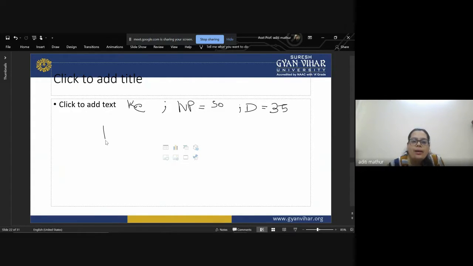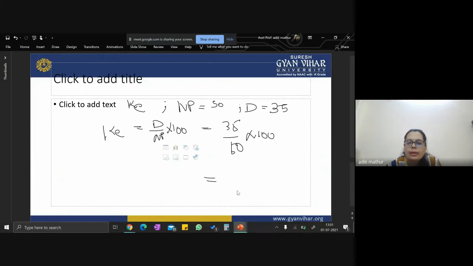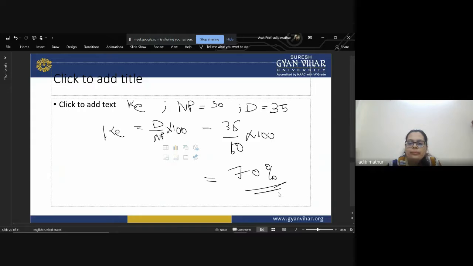Our formula is D divided by NP into 100, which is 35 divided by 50 into 100, which is equal to 70%.